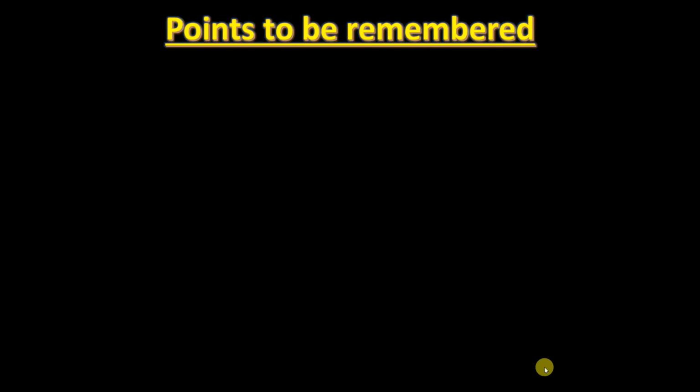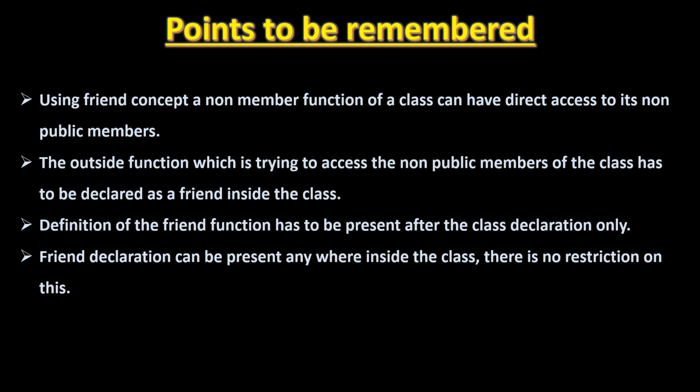Okay, a few points to be remembered in this session. Using the friend concept, a non-member function of a class can have direct access to its non-public members. A non-member function means it is not a member function of your class. It may be a global function, or a member function of some other class.